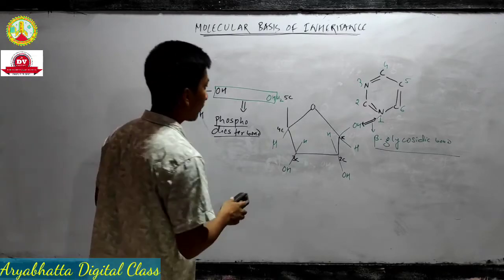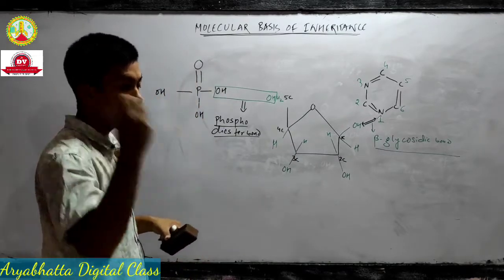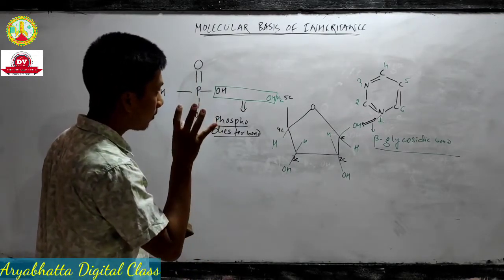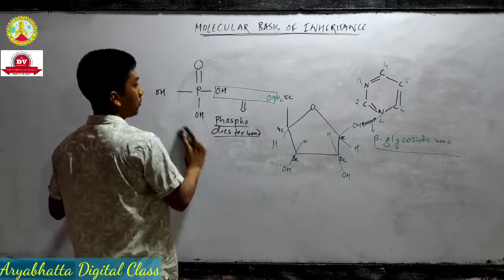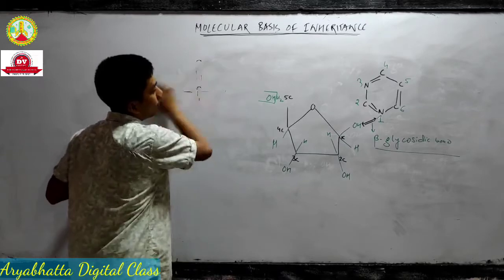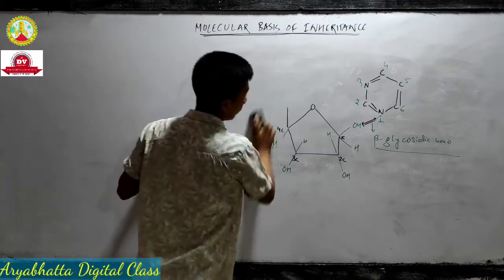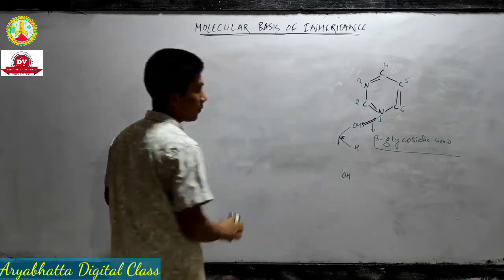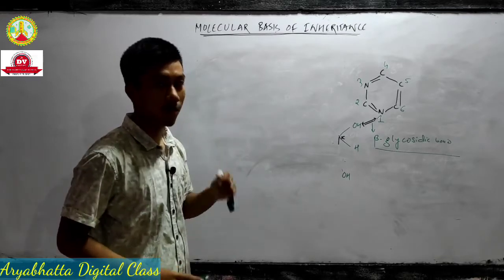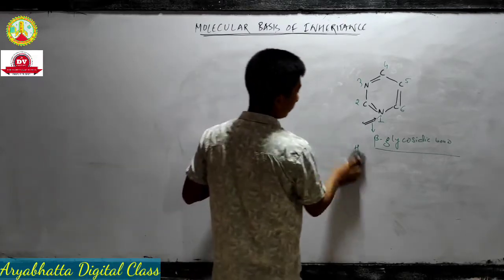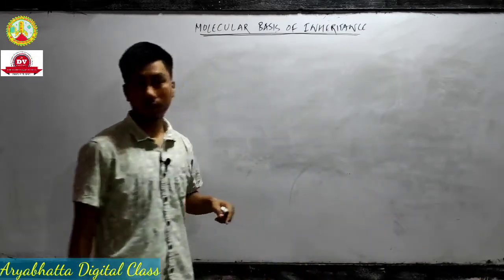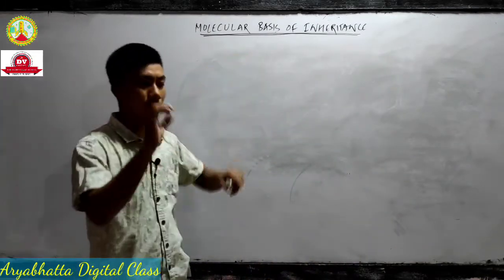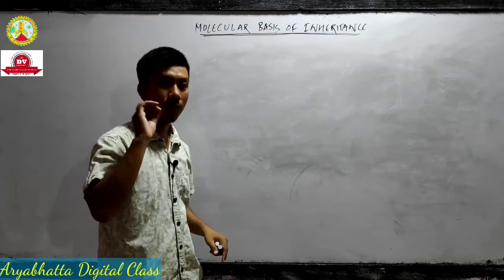nucleic acid. देखो तुम लोग, if you try to memorize when you see that diagram the first time, you will feel like no, I won't be able to do that. You will feel lazy to study all those. But if you understand, it becomes so easy, so interesting, and you will feel like studying. So this chapter is a very conceptual and very important chapter.